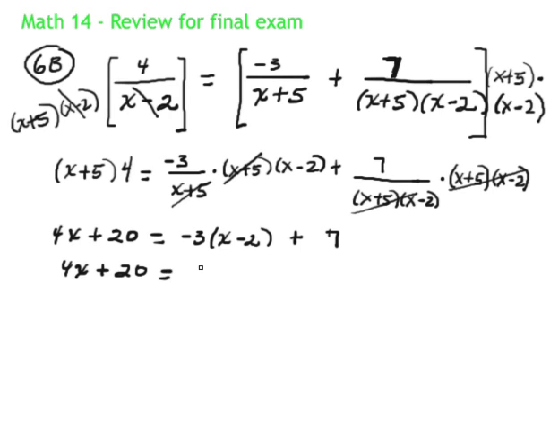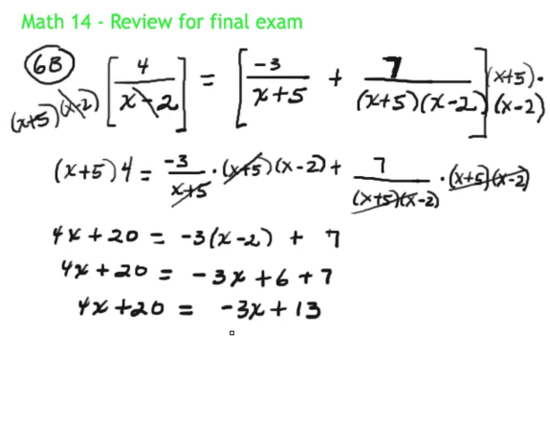This time we're getting a linear equation, no x squared term here. So we don't have to set to 0 and factor. So here we have minus 3x plus 6 plus 7. So that's 4x plus 20. Just combine on the right-hand side, just combine the 6 and the 7. That's minus 3x plus 13.